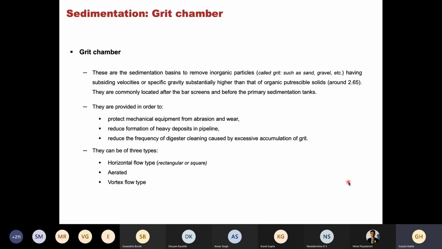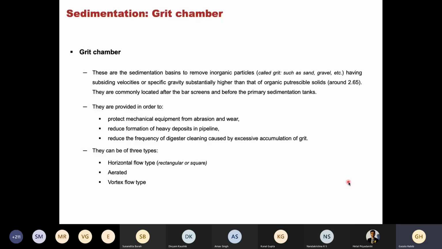If a large amount of grit is there, frequent cleaning of the digester will be required. Now the three types of grit chambers are horizontal flow, aerated, and vortex flow type.